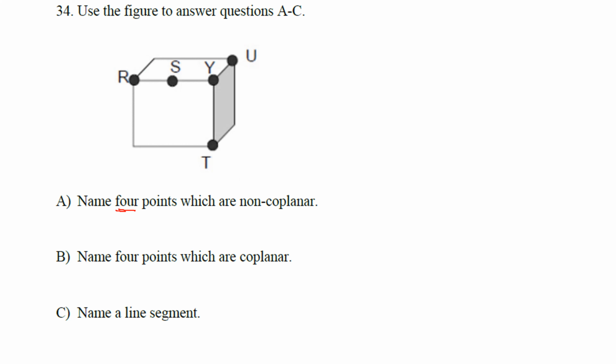Anybody want to give that a shot? How about, let's start with R, S, U, and T would be a good option. Now, is that the only one that works? No. So this was a pretty open-ended question. We just had to make sure that we picked 4 points where at least one of them wasn't on the same plane.